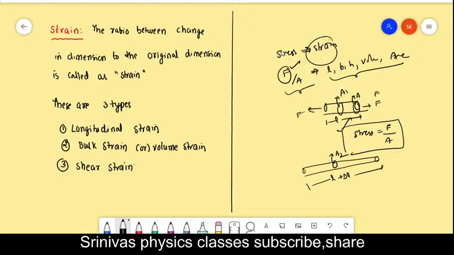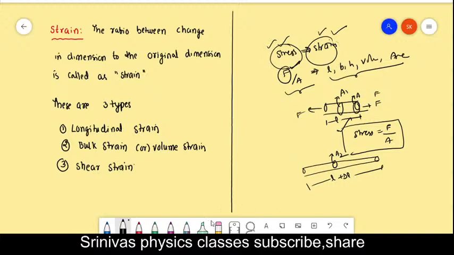When you apply more stress, more change in dimensions will occur. The ratio between change in dimension to the original dimension is called the strain. Stresses are three types: longitudinal, bulk, shear. Similarly strains are also three types: longitudinal, bulk, and shear strain.